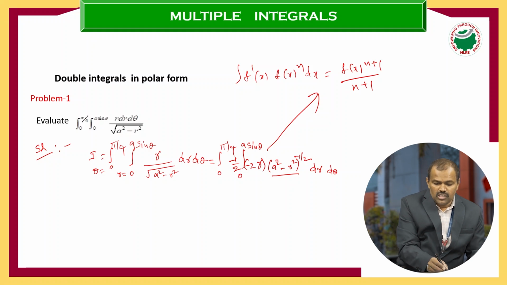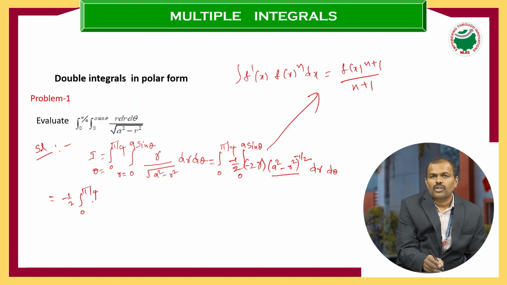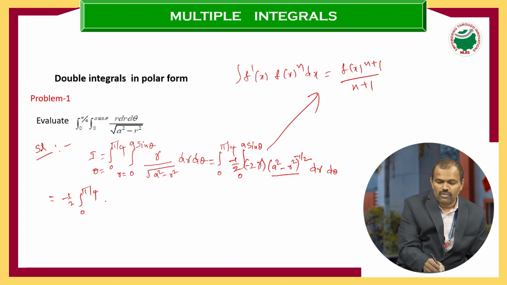So that is equal to minus 1 by 2, the constant, outside, integral 0 to pi by 4. This is f of r, this is f dash of r. So f of r power n plus 1, that means a square minus r square power minus 1 by 2 plus 1 by minus 1 by 2 plus 1, within the limits 0 to a sin theta, d theta.